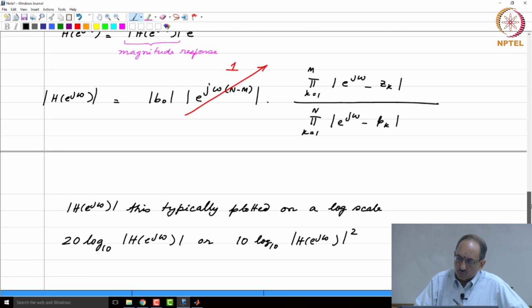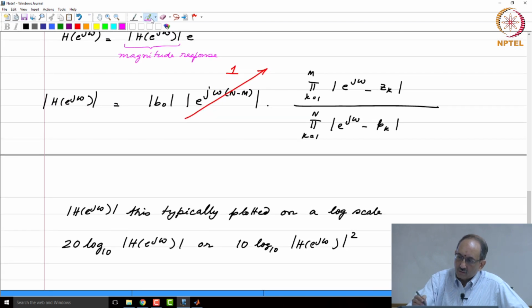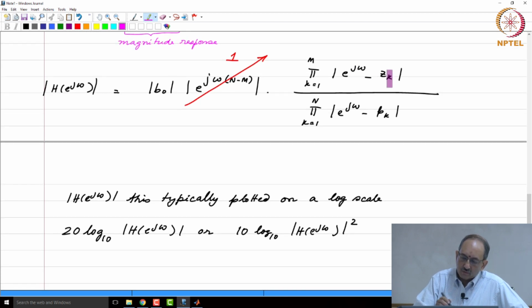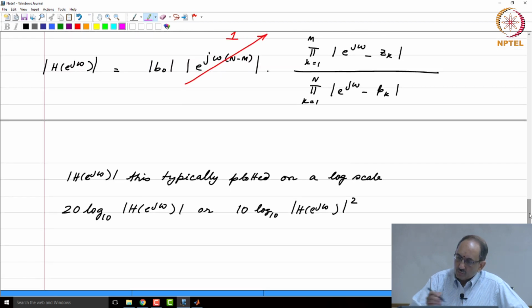So, now let us go back to this and focus on terms like this. So, this magnitude of B naught, once you consider the log plot, all this is going to do is it is going to shift the curve up or down, because this is going to jump out as an added term, and any change in magnitude of B naught will shift the curve up or down.